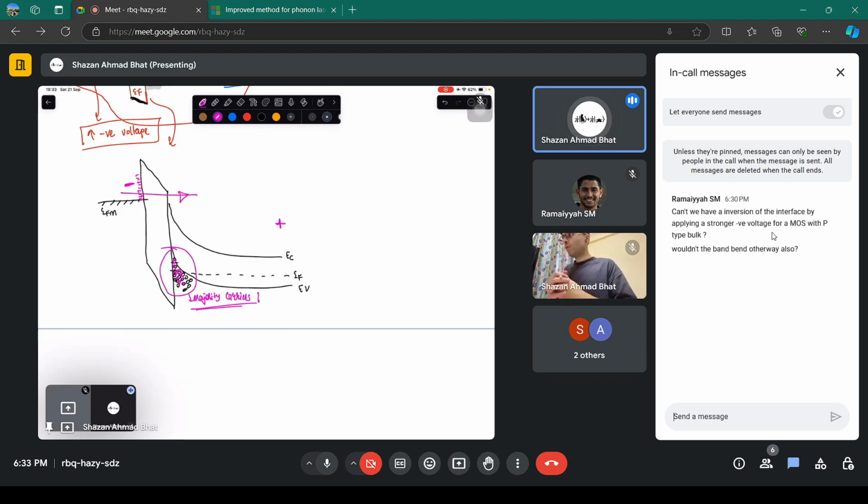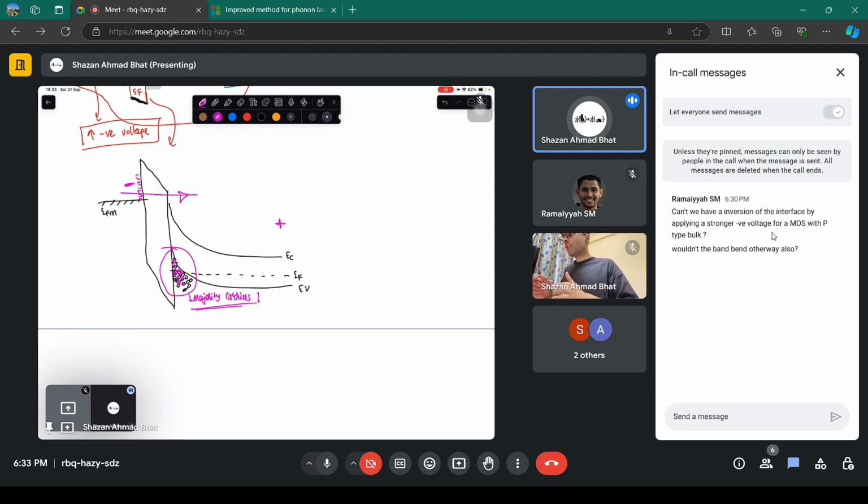And the device is of no use because then you don't have any oxide in between. There is no field effect now because electrons will directly move. It is as if the oxide becomes conducting beyond a certain negative voltage. That negative voltage is huge.